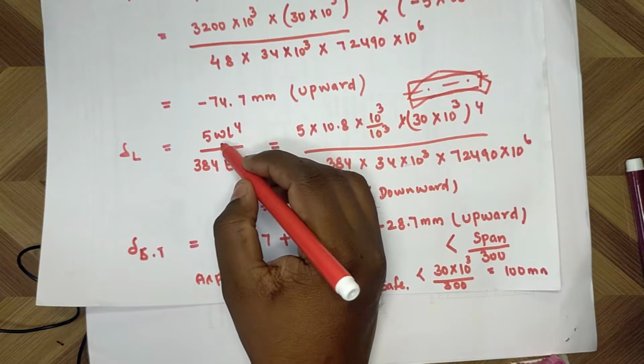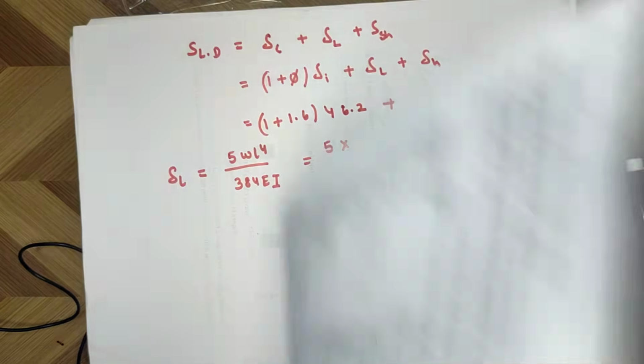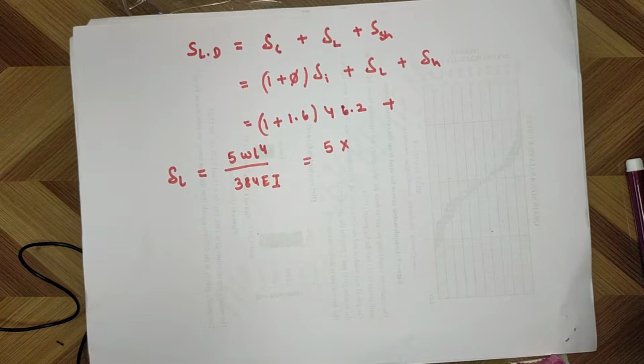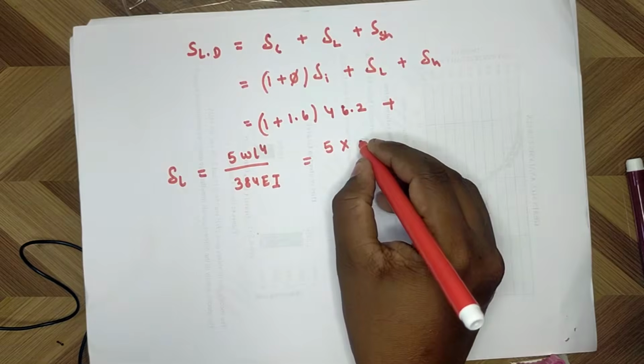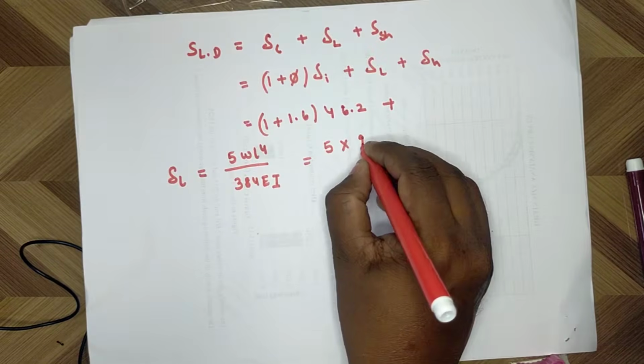Now we need to use live load here. How much live load is given? Here they have given the live load of 9 kilonewton per meter.